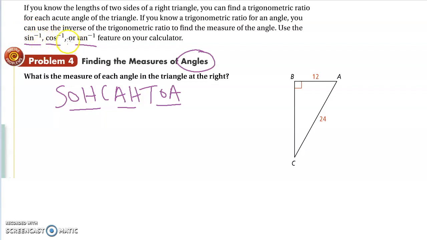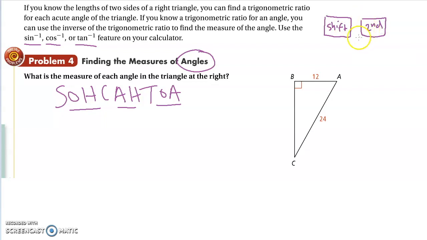Oftentimes on your calculator, you hit a shift button, and that gives you the second option. So buttons you might be looking for on your calculator are shift or second.